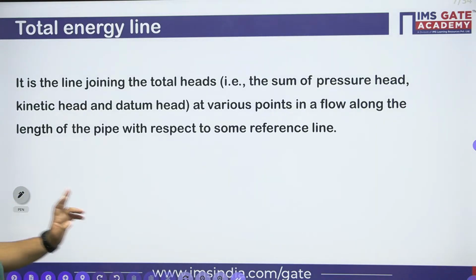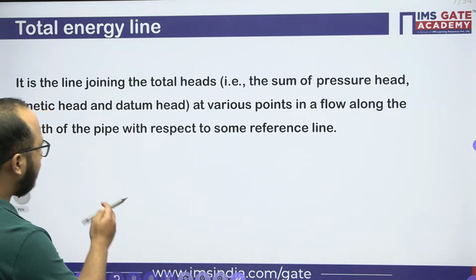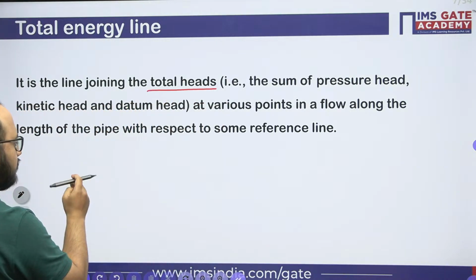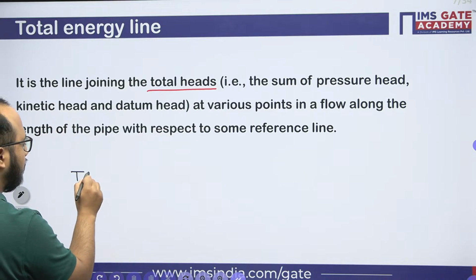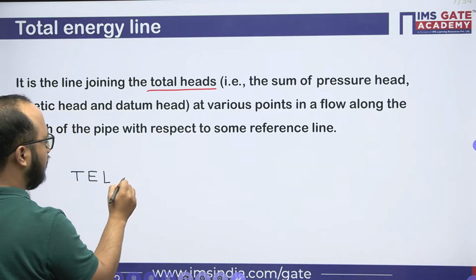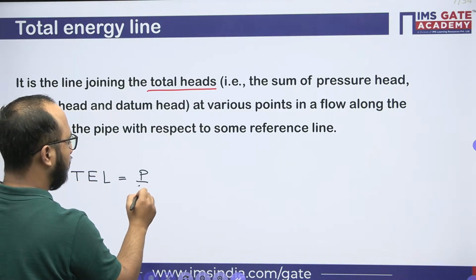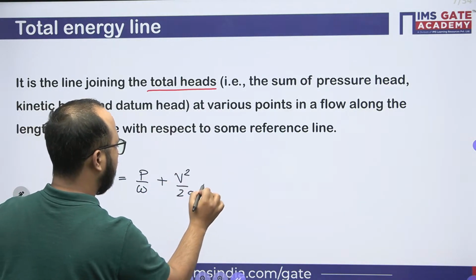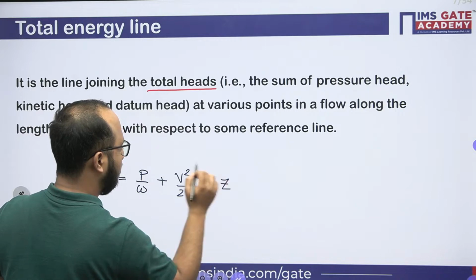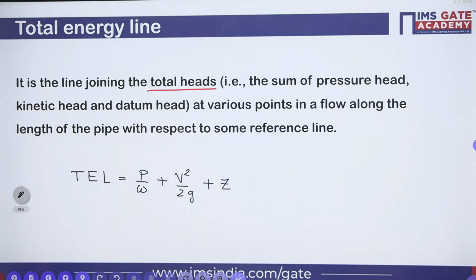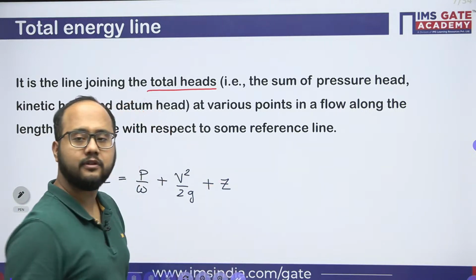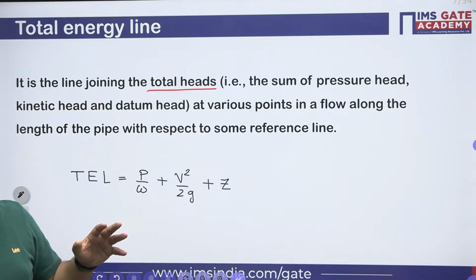In a similar manner, TEL, the total energy line. Here I will be taking the total head. Simply, if I have to write it, it will be pressure plus kinetic plus datum, correct? All of these energies we need to identify first and calculate.